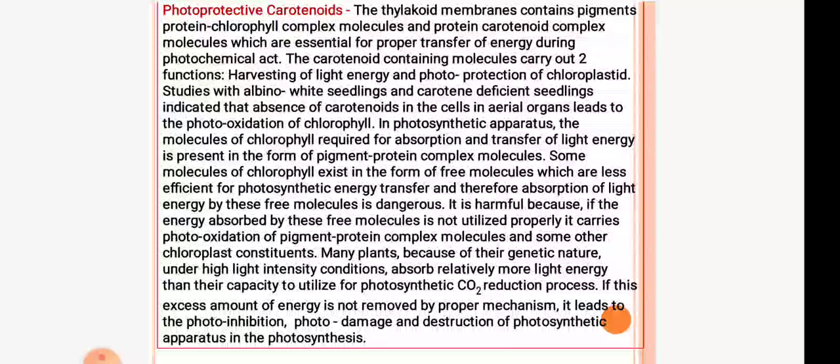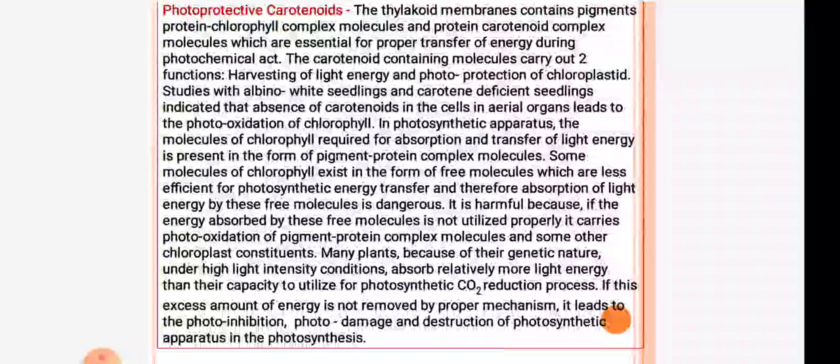In the photosynthetic apparatus, the molecules of chlorophyll are required for absorption and transfer of light energy in the form of pigment protein complex molecules. Some molecules of chlorophyll exist in free molecule form, which are dangerous. It is harmful because if the energy absorbed by these free molecules is not utilized properly, it causes photooxidation of the pigment.